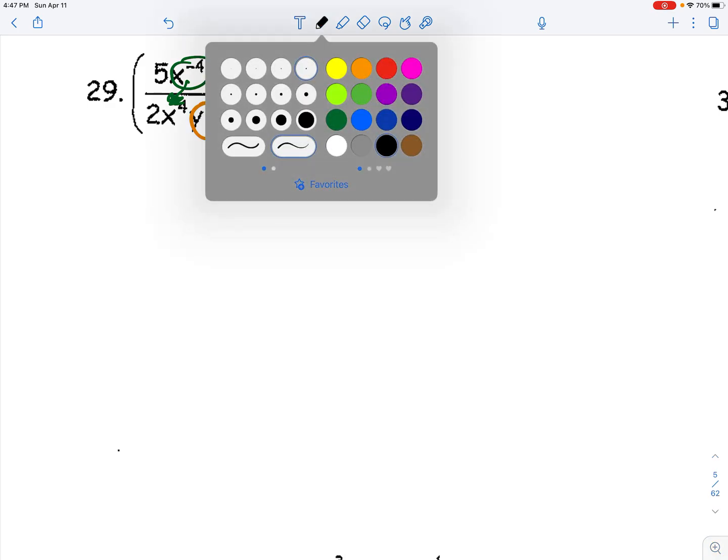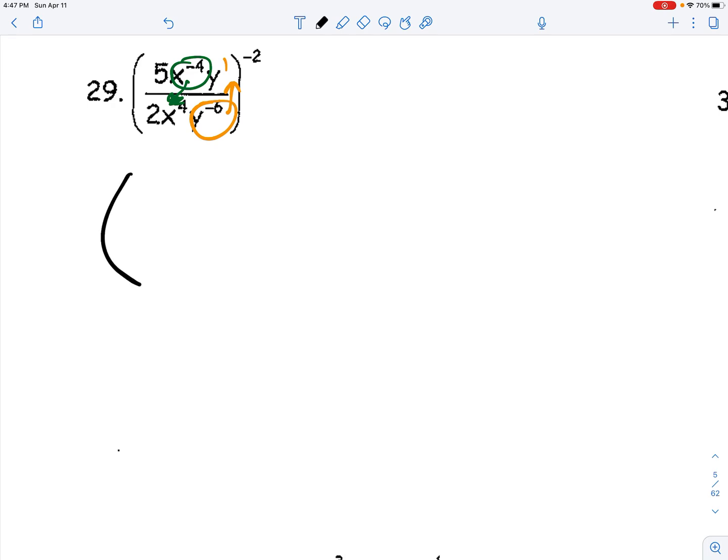You take the y to the -6, we'll move that up there and have it join the y to the power of 1. So the 5 will stay. Y to the 1st is staying up there. Y to the -6 is going up and becoming y to the 6th.